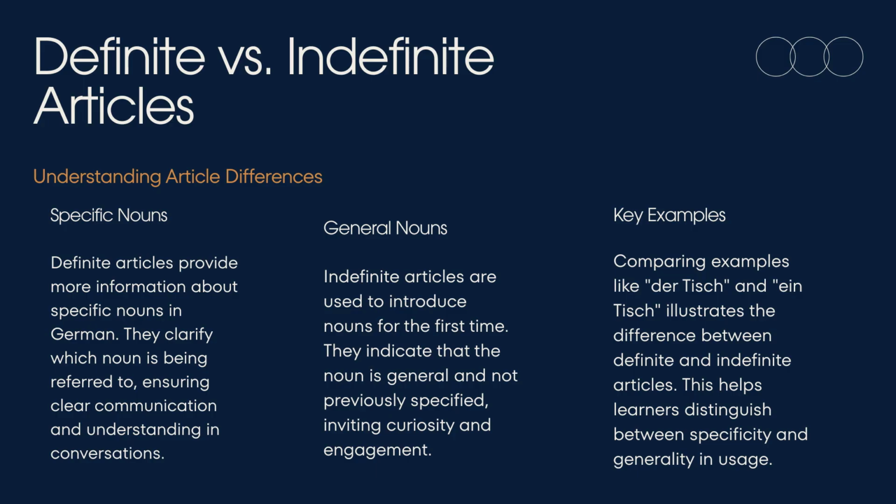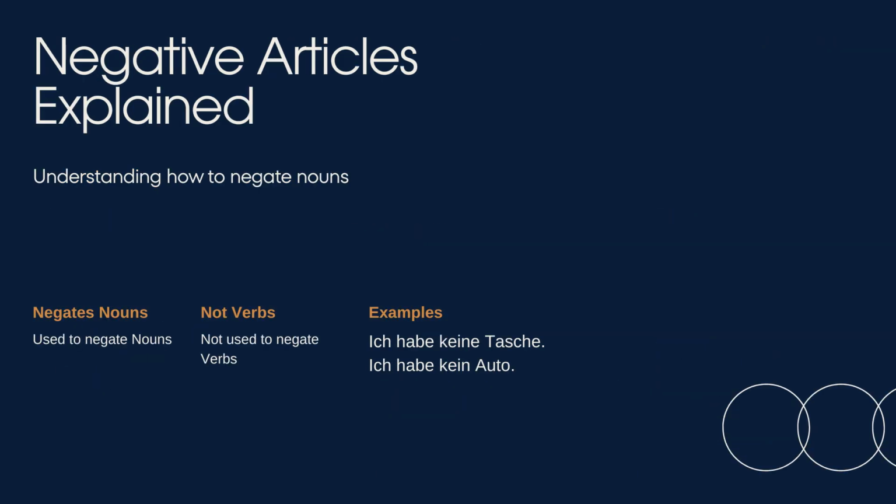The last type of article is the negation article. Basically, we're talking about how to negate a noun. How can you say you don't have anything, or you have no or not any? Example: I don't have a car. How do you negate it in German?